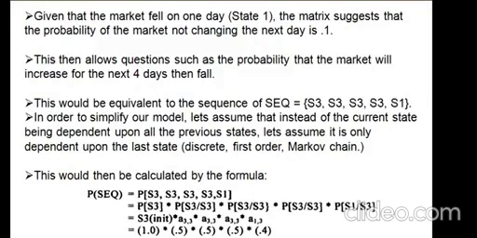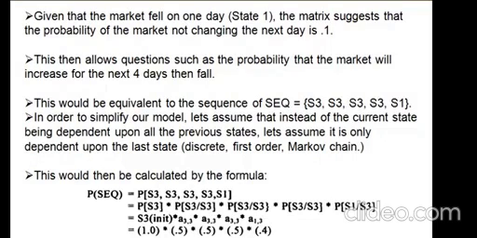This sequence can be given on the screen. It would be equivalent to the sequence SEQ equal to S3, S3, S3, S3, comma S1. What does S3 mean? S3 is nothing but the market is increased. Observe the previous point: the market will increase for the next 4 days and then fall on the fifth day. You got it or not?